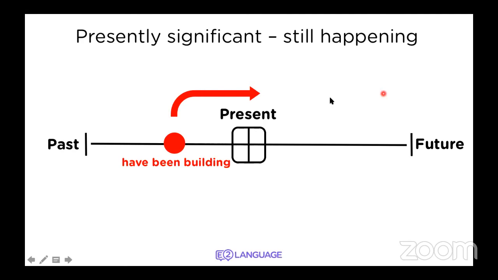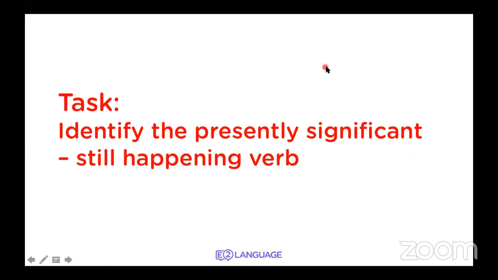That's the difference. The last one we looked at, which is engineers have built a driverless car, stops here. But engineers have been building a driverless car, will continue into the future. See the little chat. Divya, is this present perfect continuous? Yes, this is called the present perfect continuous. Let's do one more.